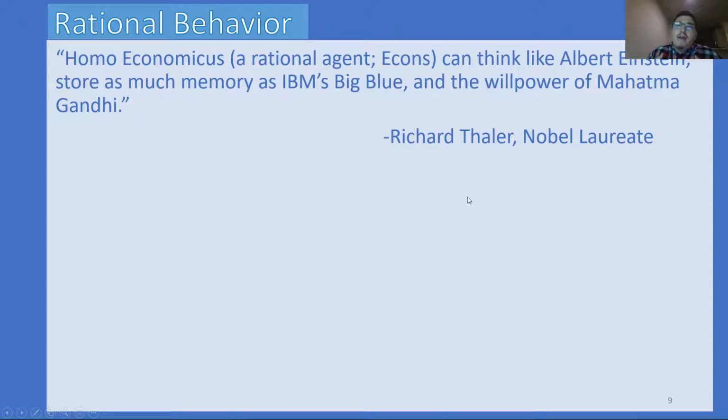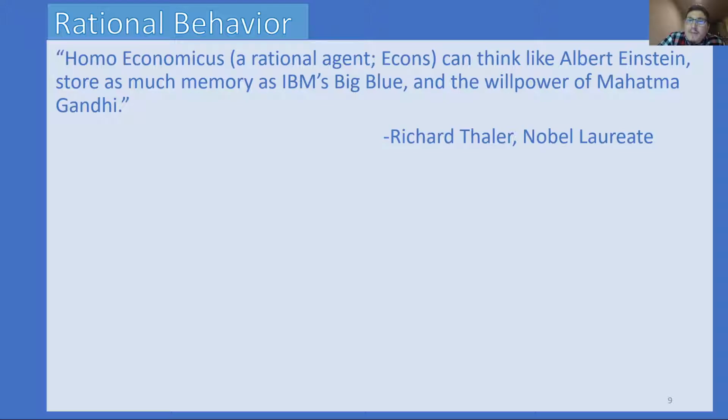All right. Now, there have been a lot of famous gripes with rational behavior. Richard Thaler is perhaps the most famous. He's quoted as saying this about Homo economicus, basically his example of a rational agent. I'm going to call them econs. That's also his nomenclature from his book, I think his second book, Misbehaving.